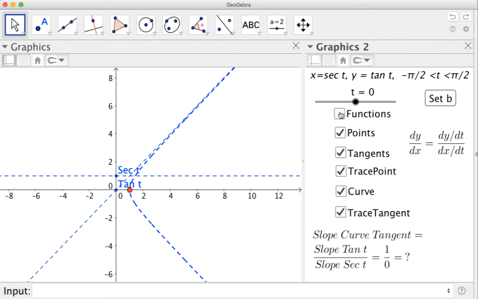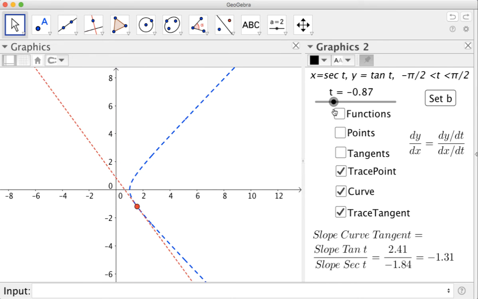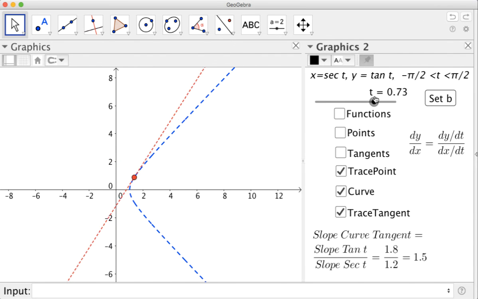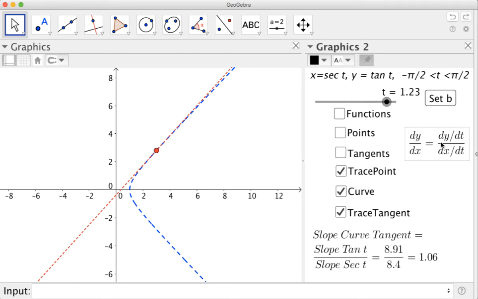So again, just to look at it without as much stuff in the way, we have our point right here, and it has a tangent line, and the slope of that tangent line is determined by the derivative of y with respect to x. And what we said was that in order to calculate that, we figure out dy dt and divide it by dx dt.